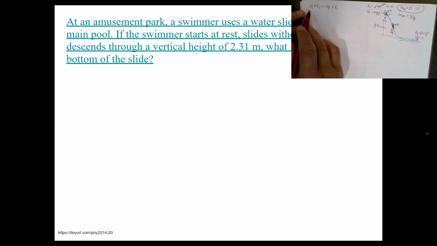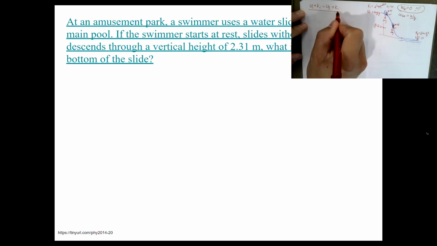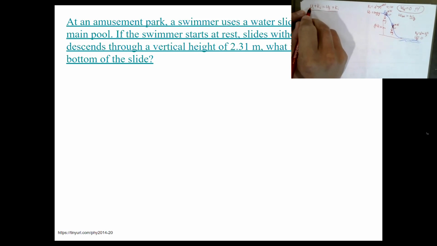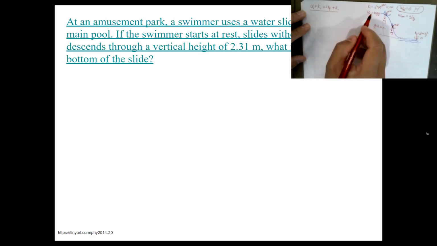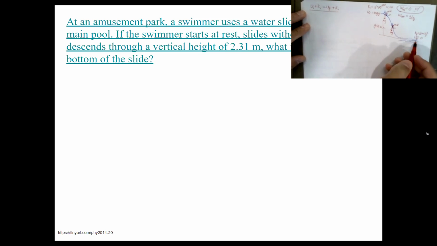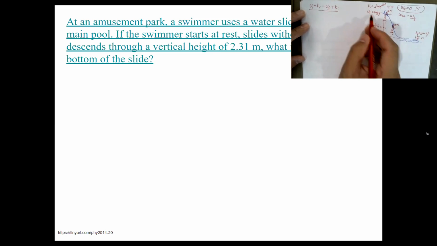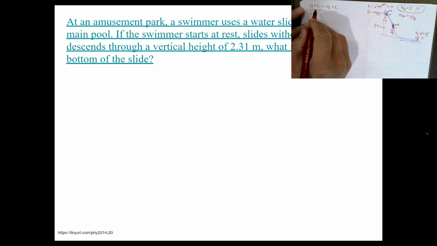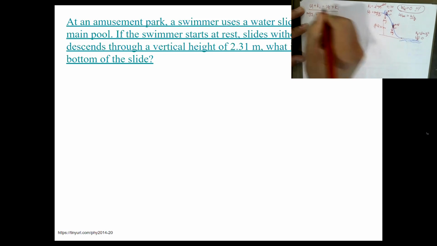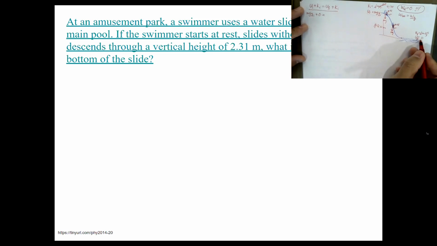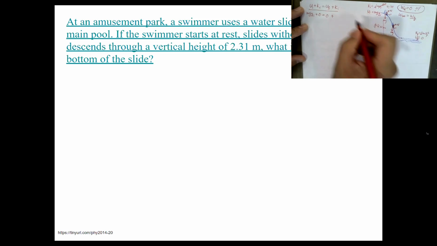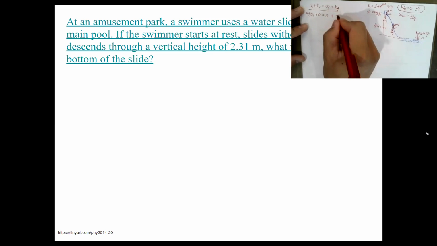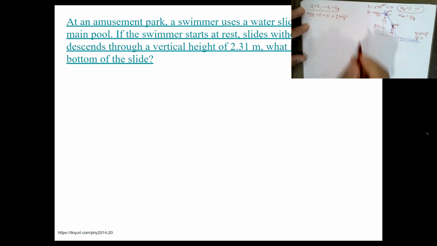So when you apply conservation of energy, you write this equation over here. Then you figure out each of these terms individually by writing out their expressions, and plug them back into the equation. So this is m g y i, plus K i, which is 0, equals U final, which is 0, plus K final, which is 1/2 m v final squared.